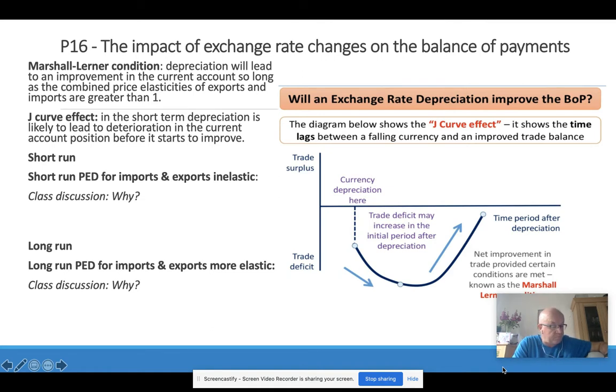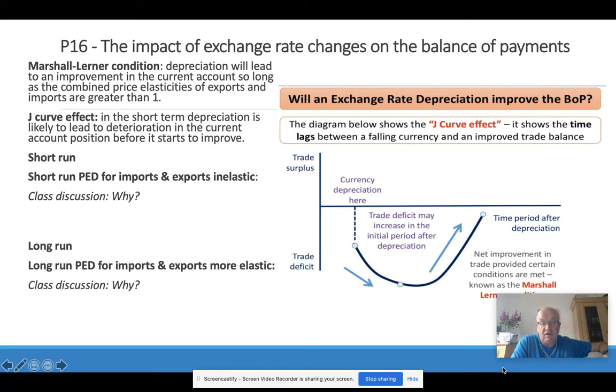So first and foremost, the impact of a depreciation in the value of the currency is that it's going to make imports more expensive, and on that basis import volumes will fall, assuming of course that the price elasticity of demand is sufficiently high that it's actually going to make a difference.